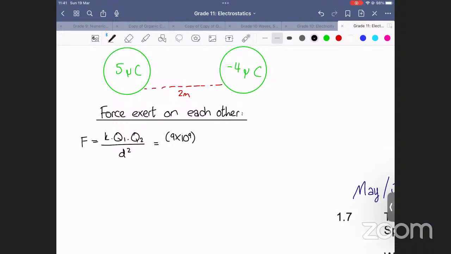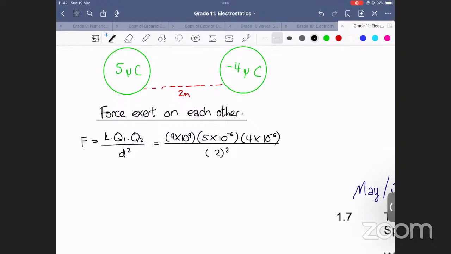It is a constant indeed. And then Q1 is 5. You have to convert to SI units for this one, and you don't have to use negatives. Then we divide all of this by the distance between them squared, which is 2 meters squared.